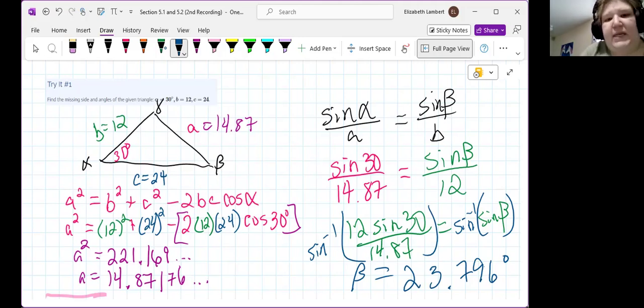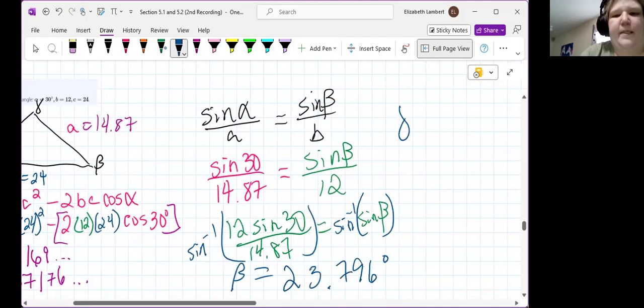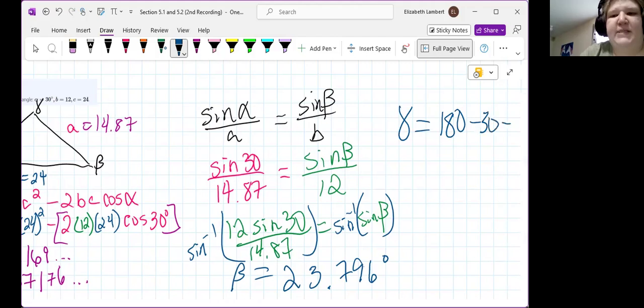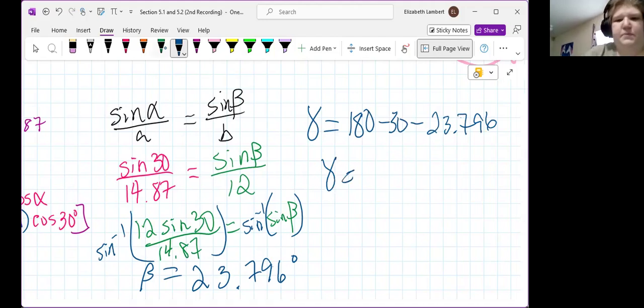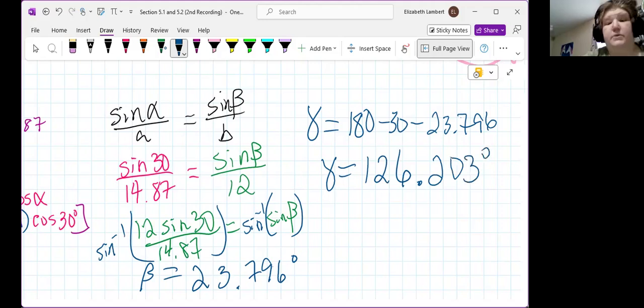So last step is just finding gamma. So 180 minus 30 and minus the number we just found. And there we go, 126.203 degrees.